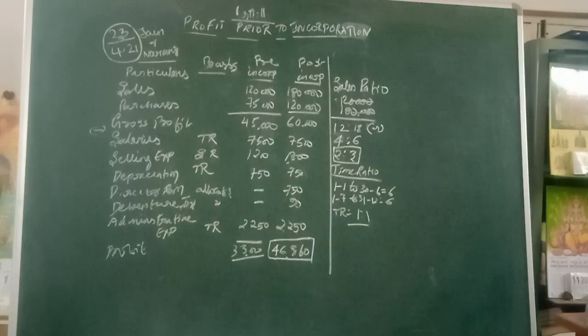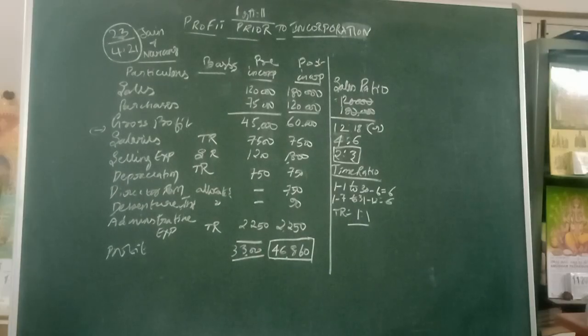So if we simplify, 1,20,000 is to 1,80,000, first you eliminate the zeros, then you will get 12 is to 18. Further if you simplify that, 4 is to 6 and 2 is to 3. That 2 is to 3 is the sales ratio we have to take.